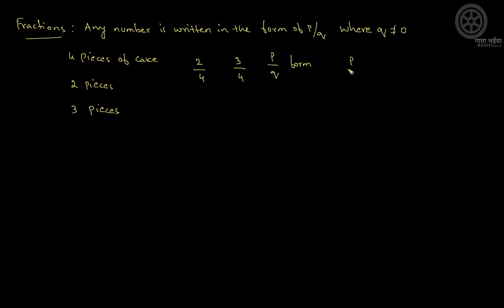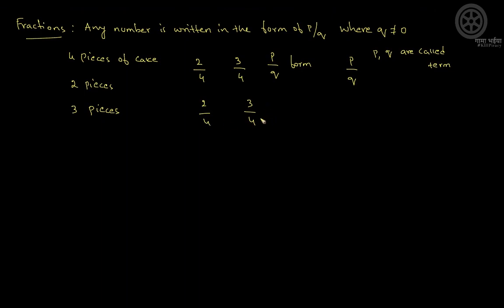In P by Q, P and Q are called terms. Now, in the above example, 2 by 4 and 3 by 4 are called parts, the part you have eaten.